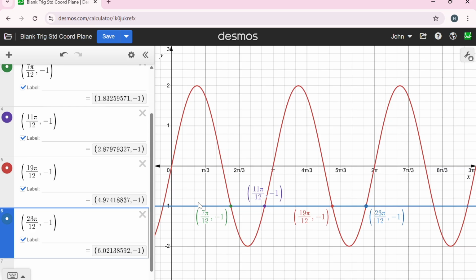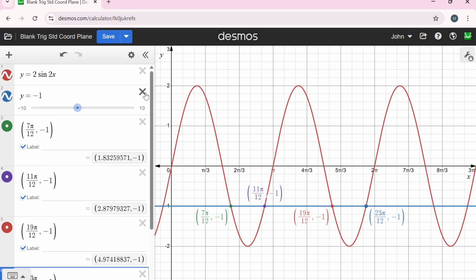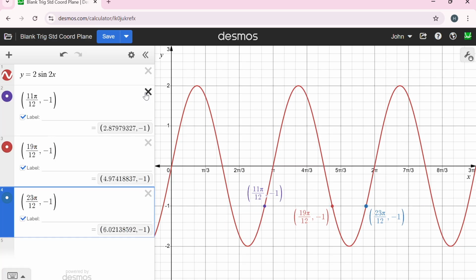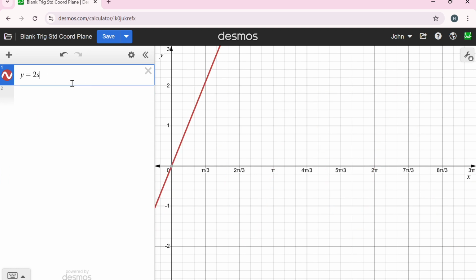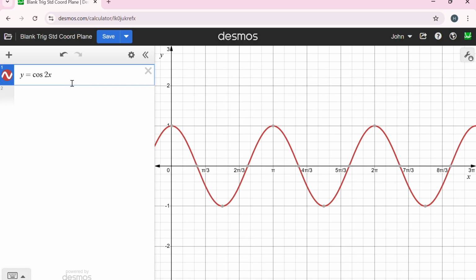Let's do number 2. Okay, so I'm going to clear all this. Cosine of 2x equals -1. So y equals cosine 2x, and I'm going to make it equal to -1.